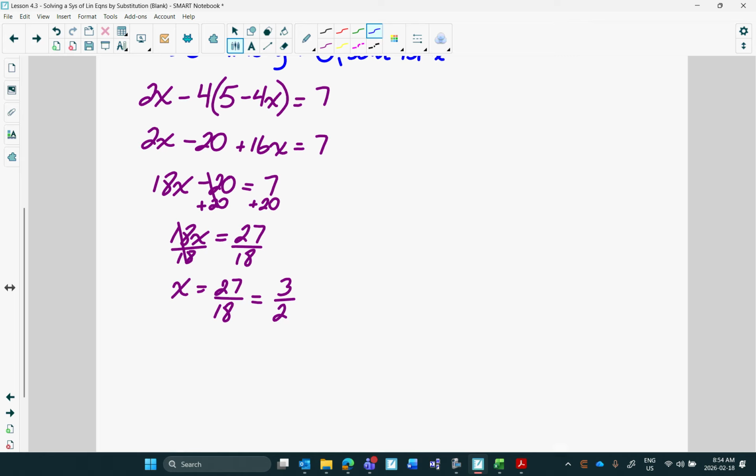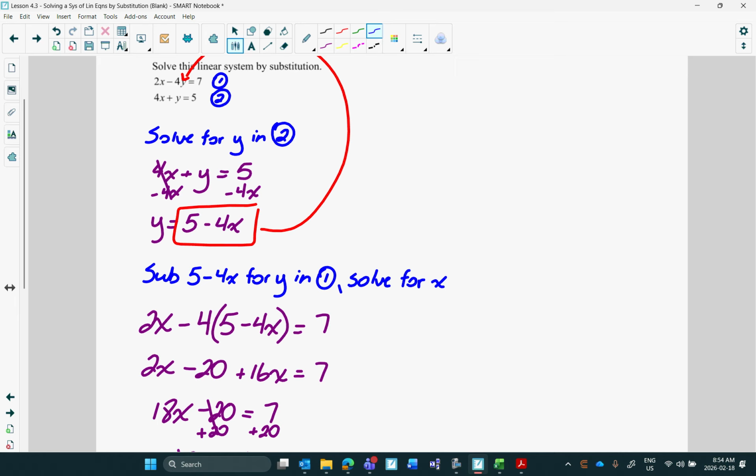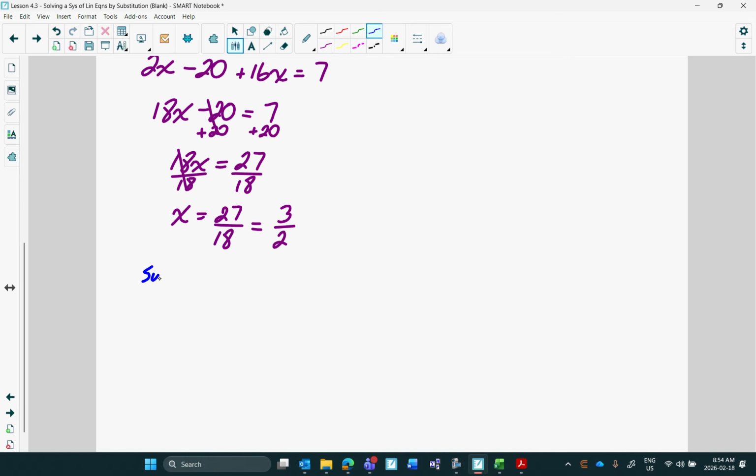Take this 3/2, plug it back into one of them, and figure out what y is, and you've got your answer. I'm going to do equation 2, fewer numbers. So I'm going to sub x equals 3/2 back into equation 2 so I can figure out what y is.